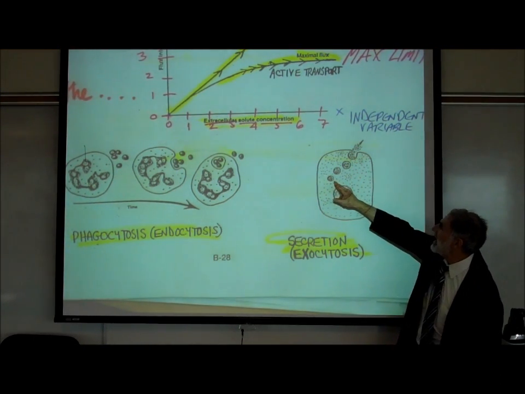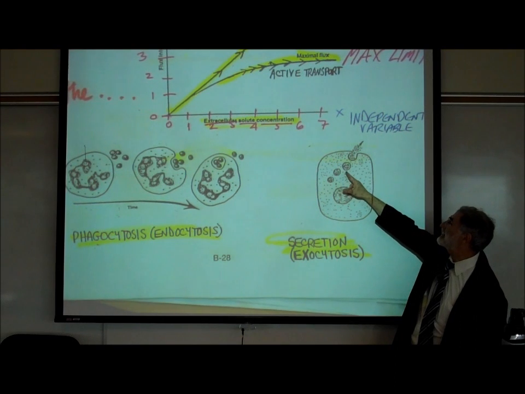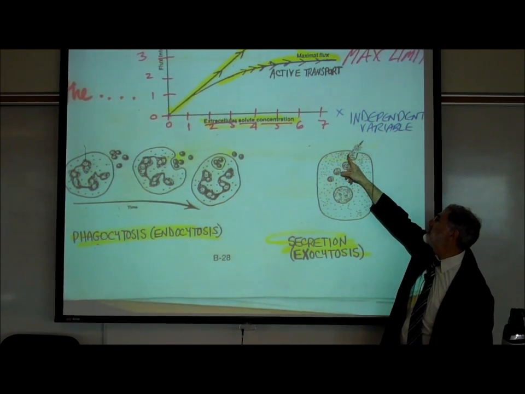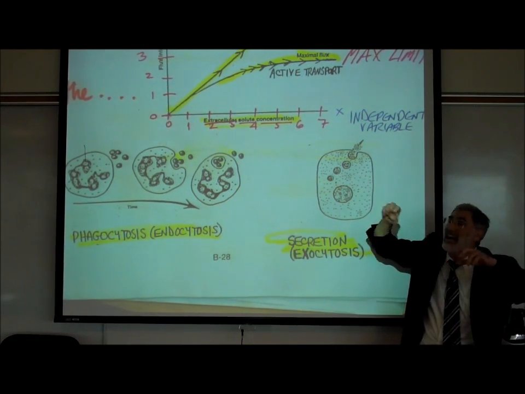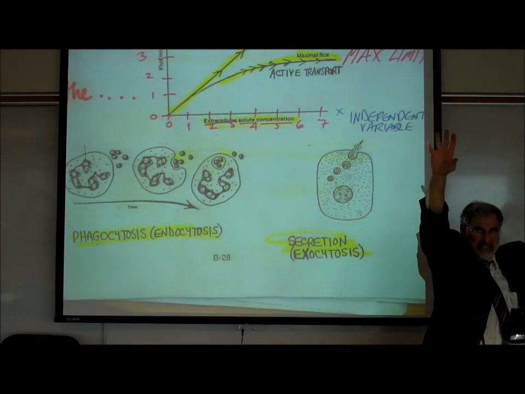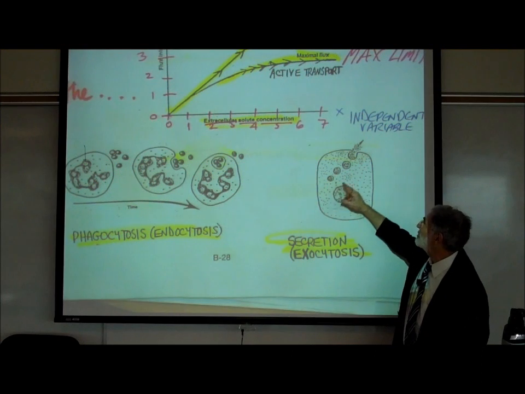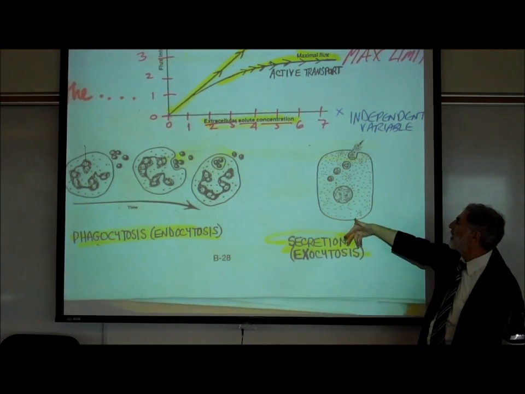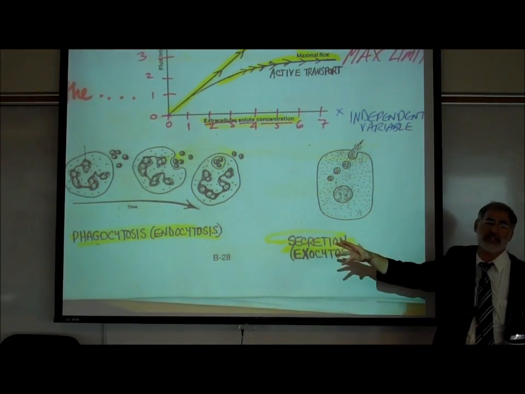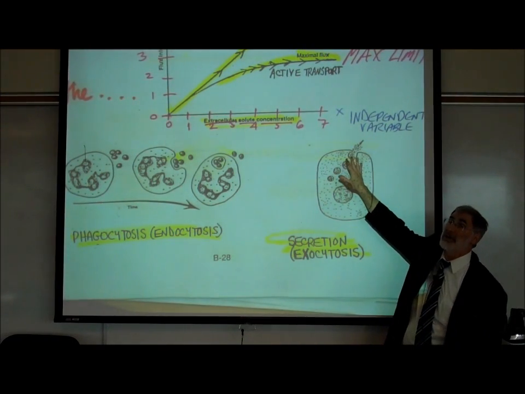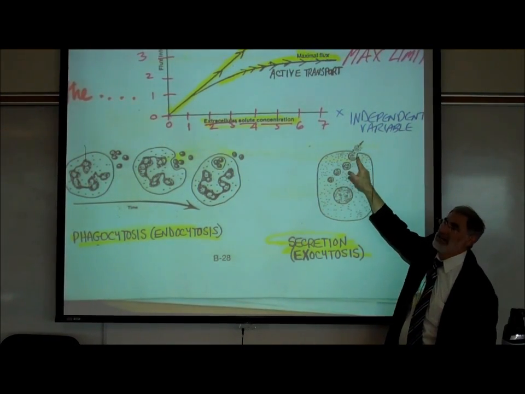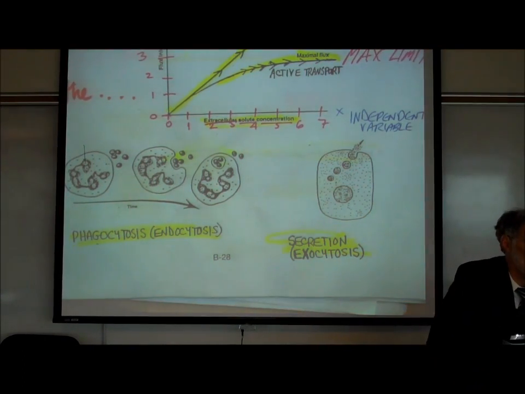This is where a vacuole moves to the cell membrane, fuses with the cell membrane, and releases what was inside the cell to the outside of the cell. This is called secreting a chemical, or exocytosis. Exo as in the word external, to the outside. This also requires energy in the form of ATP to cause a change in the shape of the cell membrane.